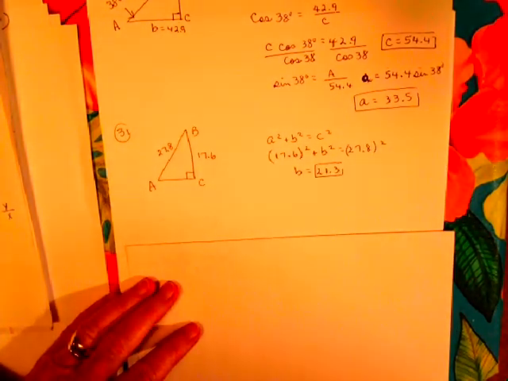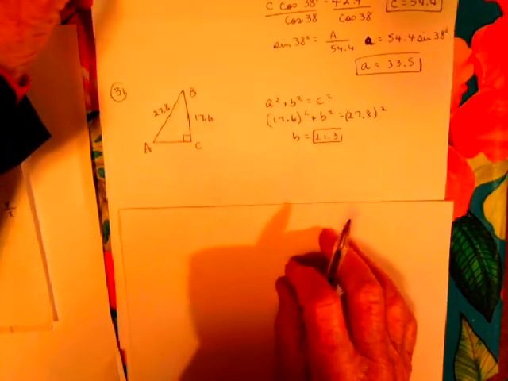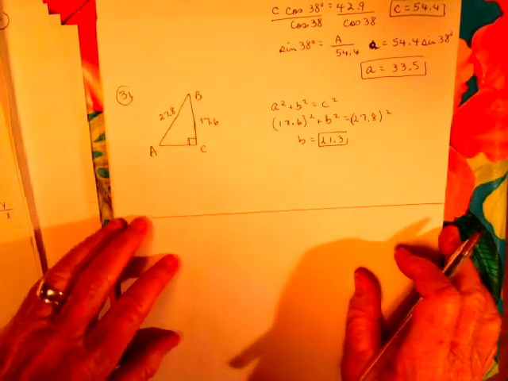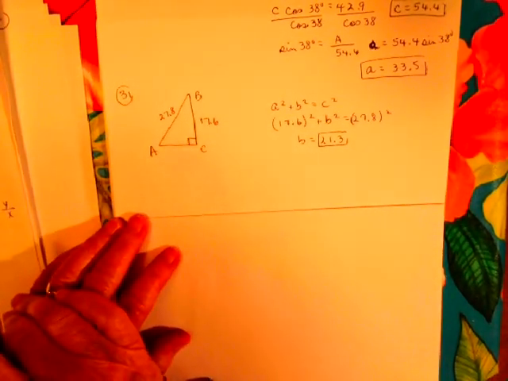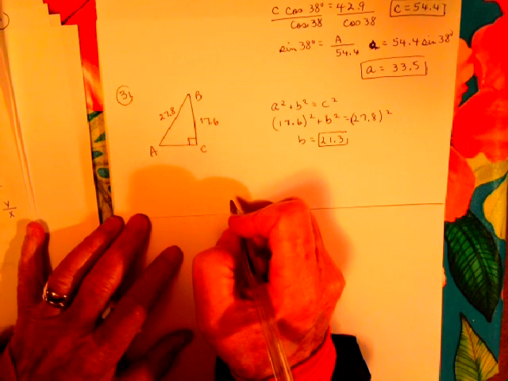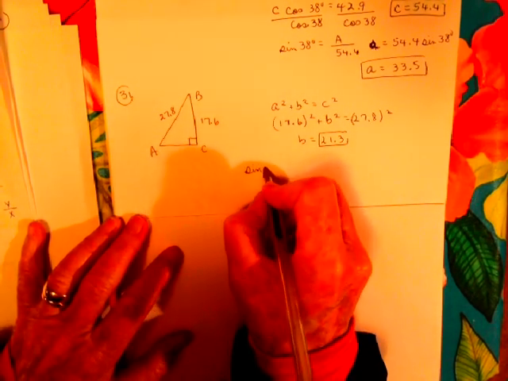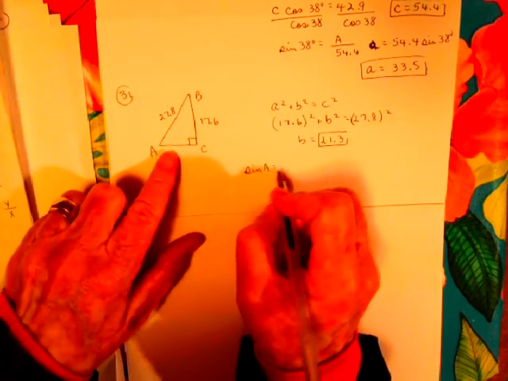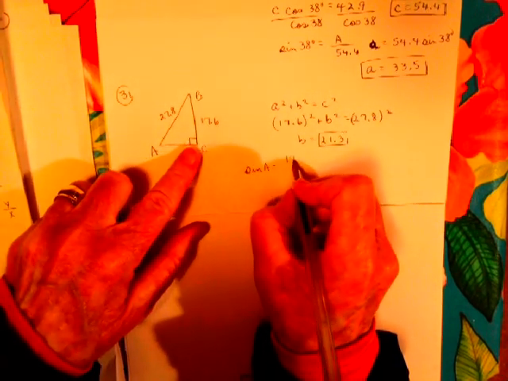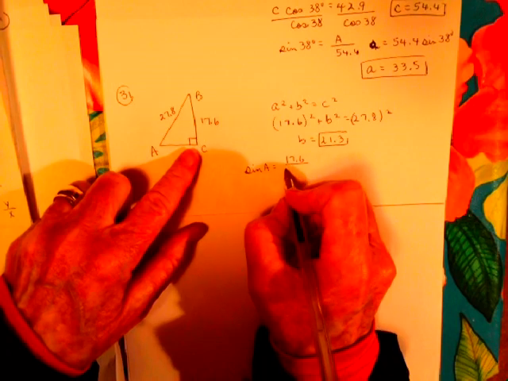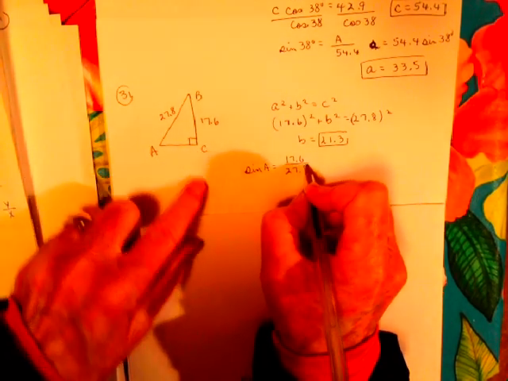Now I can use any trig functions that I want to find angle A and angle B. Sine of angle A equals opposite, which is 17.6, over hypotenuse, which is 27.8.